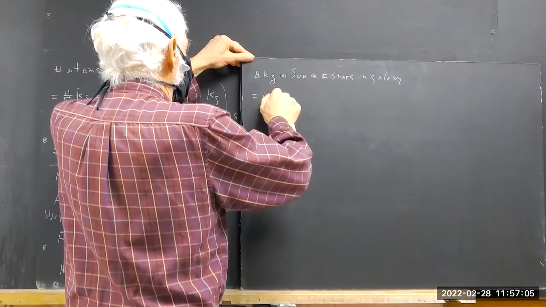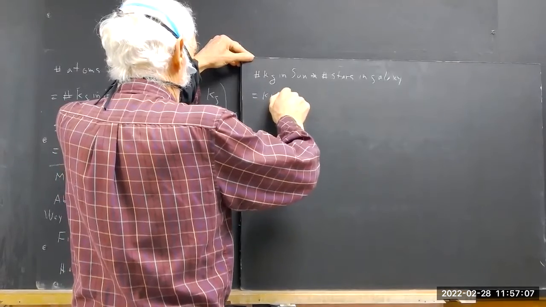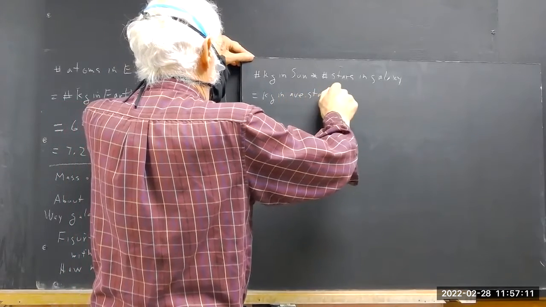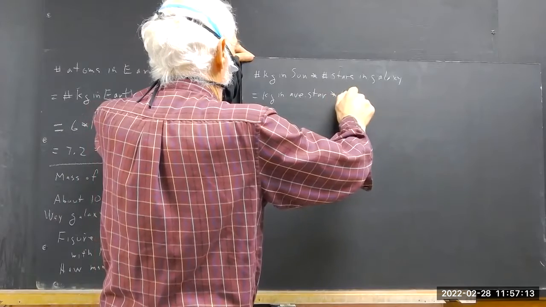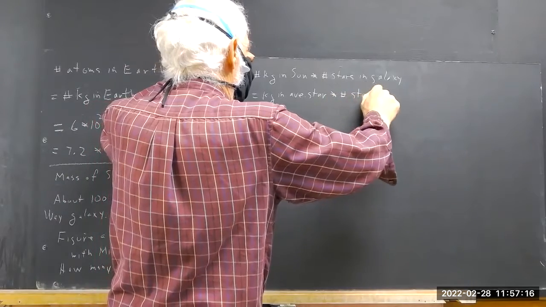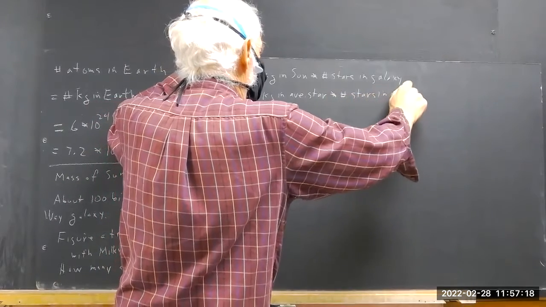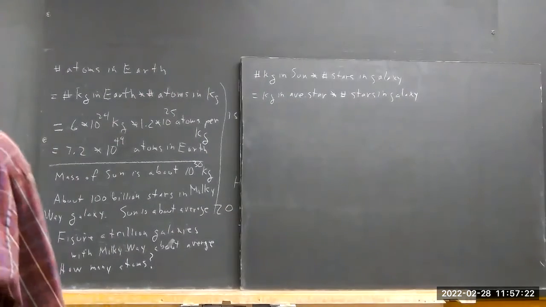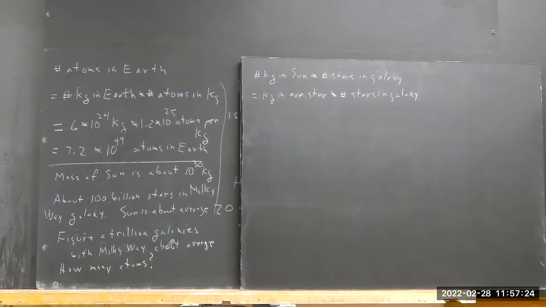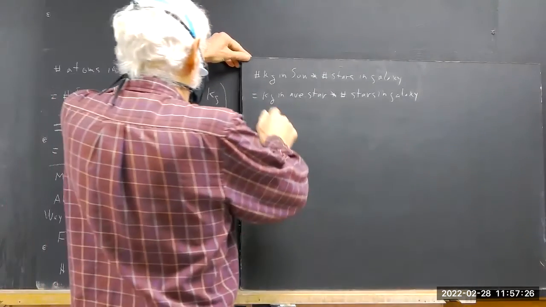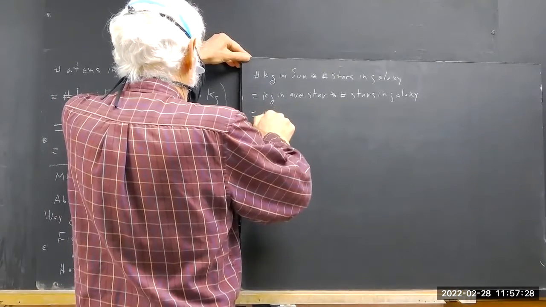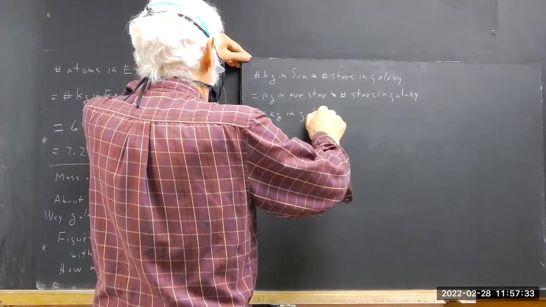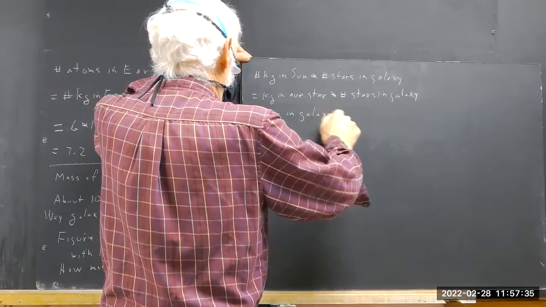We could even say it equals the number of kilograms in an average star times the number of stars in the galaxy, and that would give us kilograms in the galaxy.